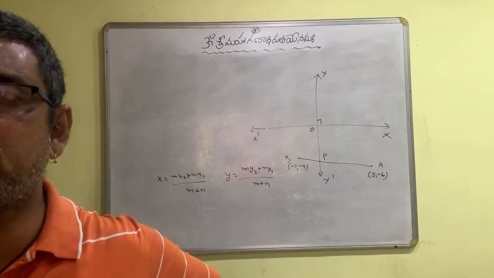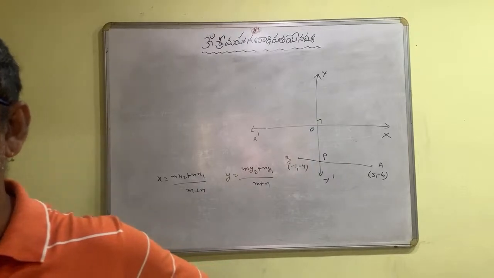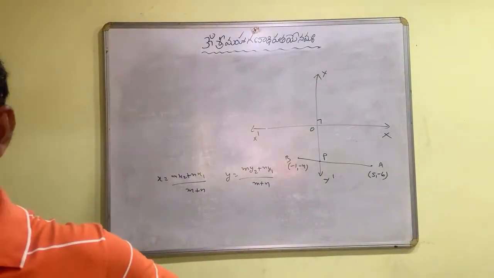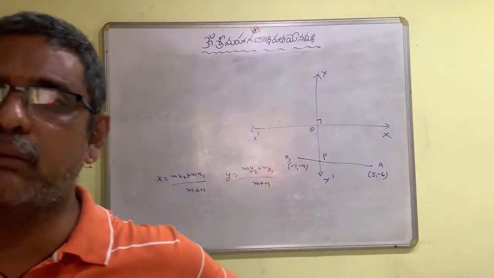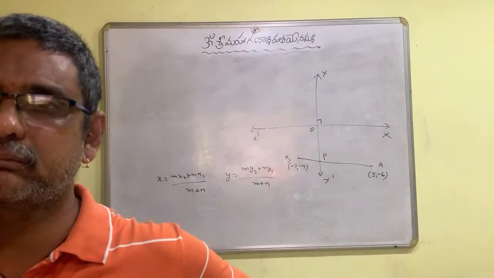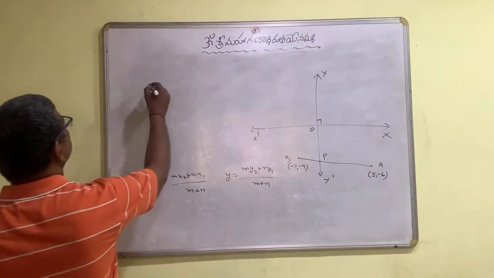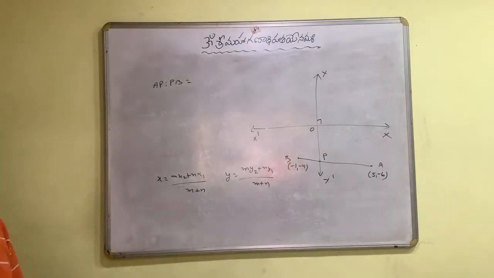Coordinates of B, (-1, -4), lie in the third quadrant. So the line segment joining A and B intersects the y-axis at one point, let that point be P, and I want to find AP is to PB.